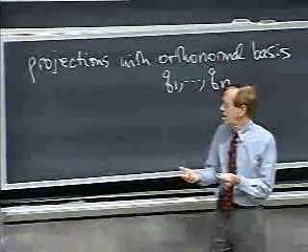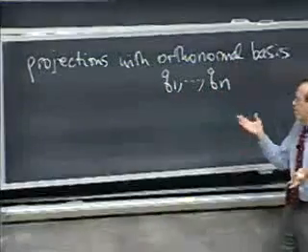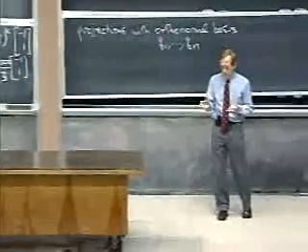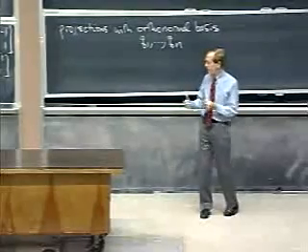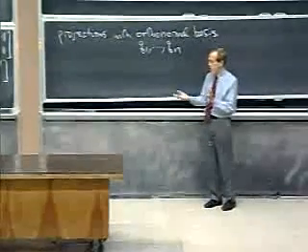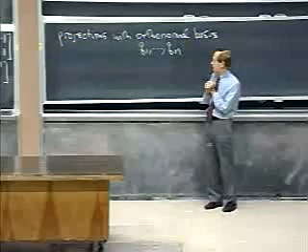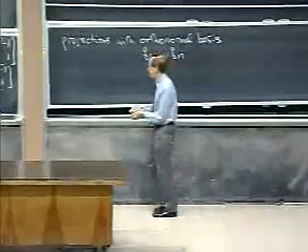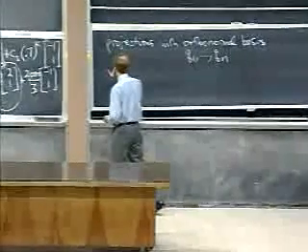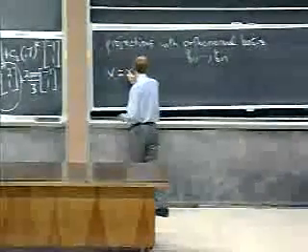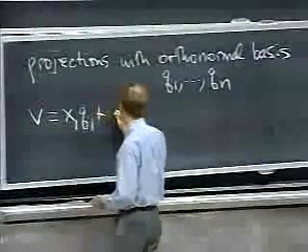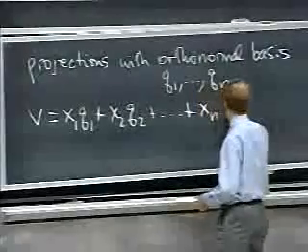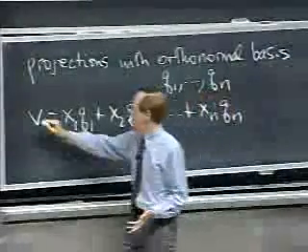Let's say I'm in n by n. I've got n orthonormal vectors. I'm in n-dimensional space, so they're a basis. Any vector v could be expanded in this basis. So any vector v is some amount of q1 plus some amount of q2 plus some amount of qn. So any v.